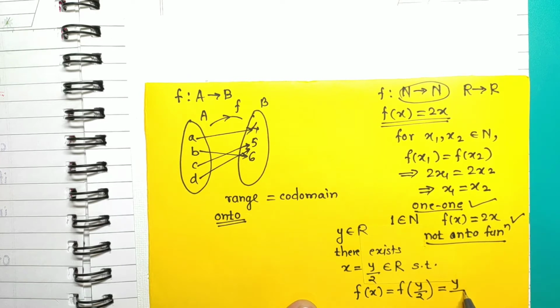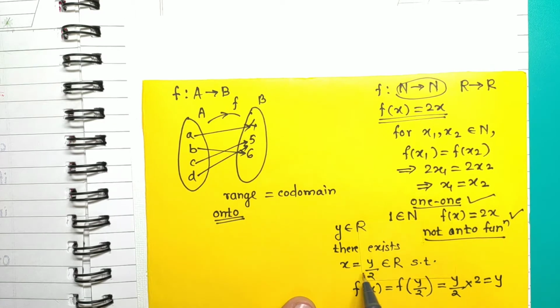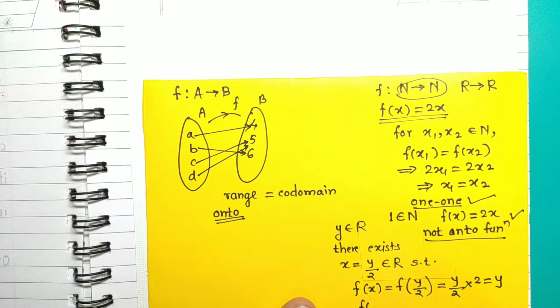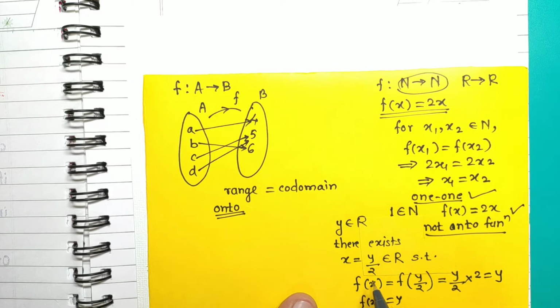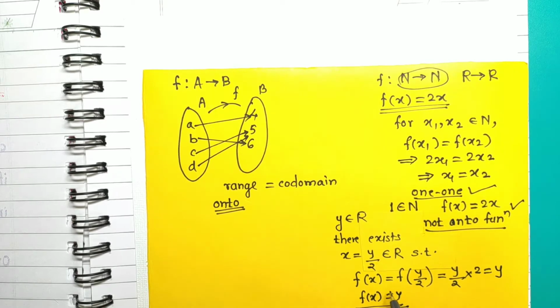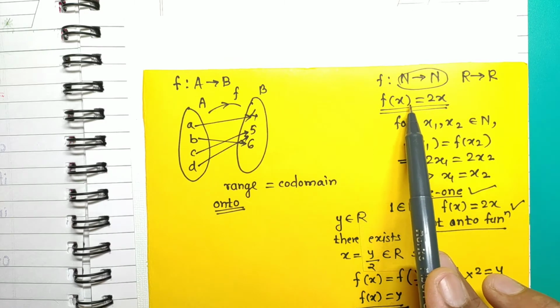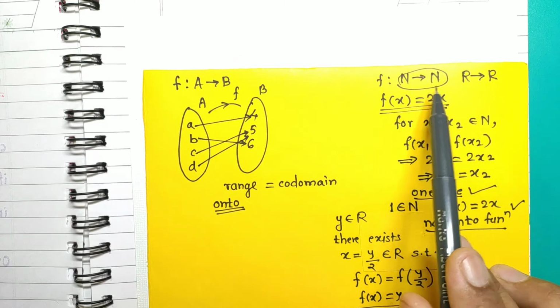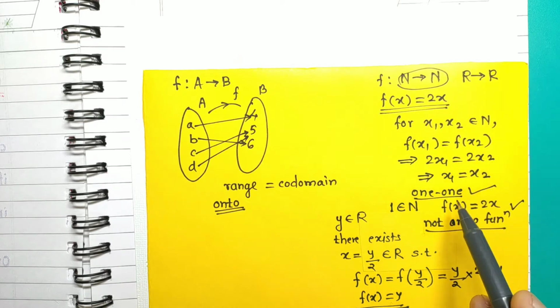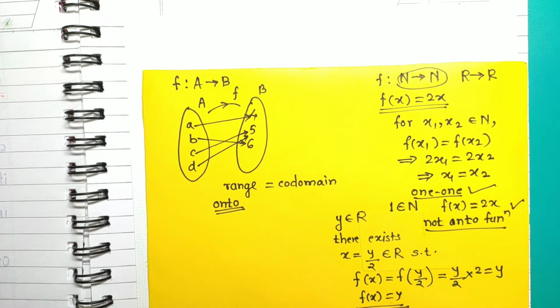So this is y by 2 into 2, which is equal to y. That means there exists x belonging to R for which f of x is equal to y. So every element in R is the image of an element in domain R. So if we define this function f from R to R, f of x equal to 2x, then this function is 1-1 and onto.